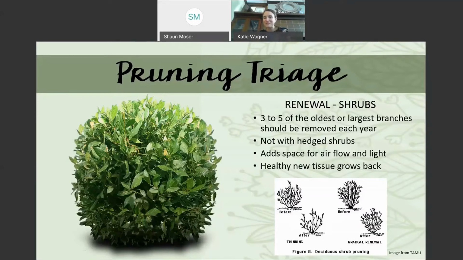We want to maintain the health of the plant, so the older, larger limbs tend to have more disease and insect pest vulnerability. With a very small shrub, I don't really see that plant fitting into any of those reasons. And so you could do this, I guess, but I don't know that you would really need to.